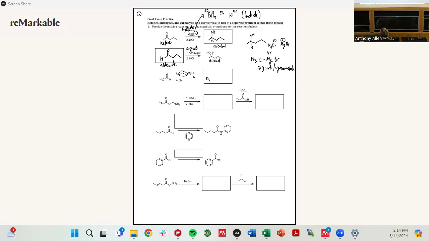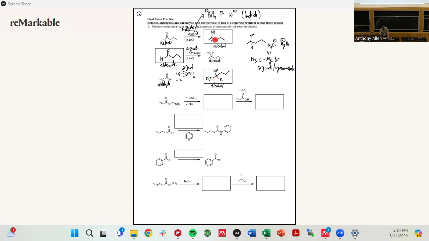So we start with H3C and H. We're going to add 3 carbons, 1, 2, 3. And then what happens to the carbonyl? Becomes an alcohol. OH. So this is again an aldehyde, Grignard, an alcohol.